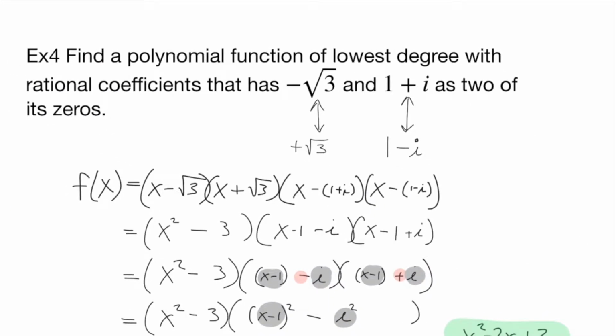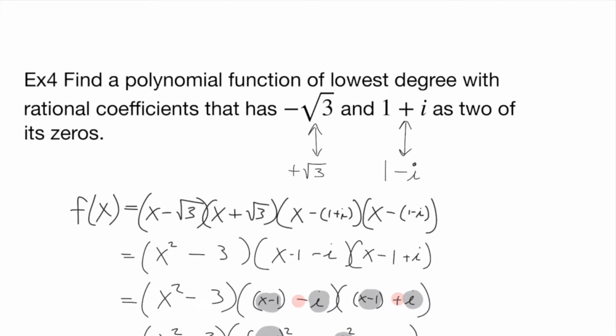Find a polynomial function of lowest degree with rational coefficients that has negative square root of 3 and 1 plus i as 2 of its zeros. Well, the other 2 zeros have got to be square root of 3 here and 1 minus i here. The lowest degree is going to be 4 because we've got 4 different zeros: 1, 2, 3, 4, in order to make sure that we have rational coefficients.